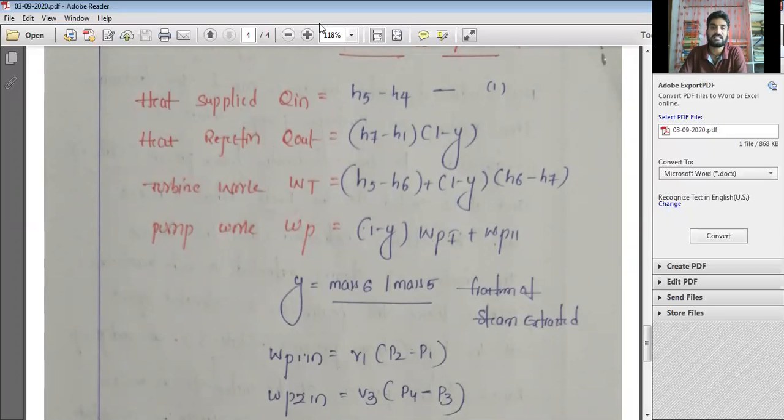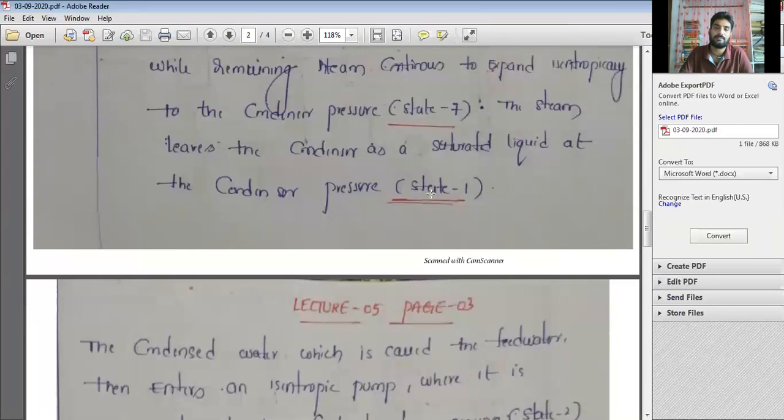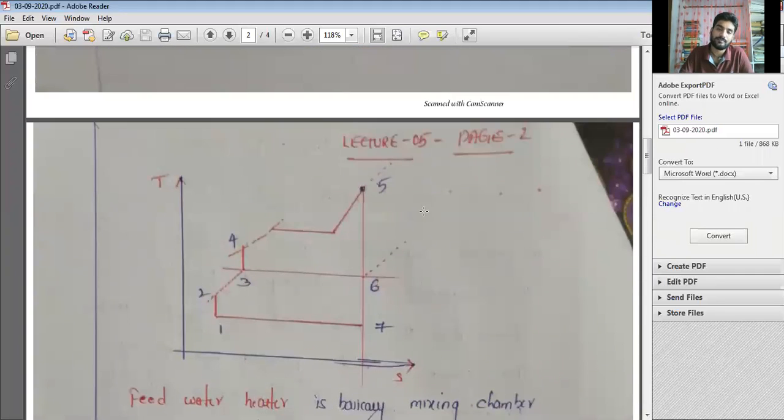So this is heat supplied Q1, process 4 to 5, and heat rejection takes place in process 7 to 1, along with turbine work and pump work. This is a diagram: this is turbine work, this is heat supply, this is pump work.